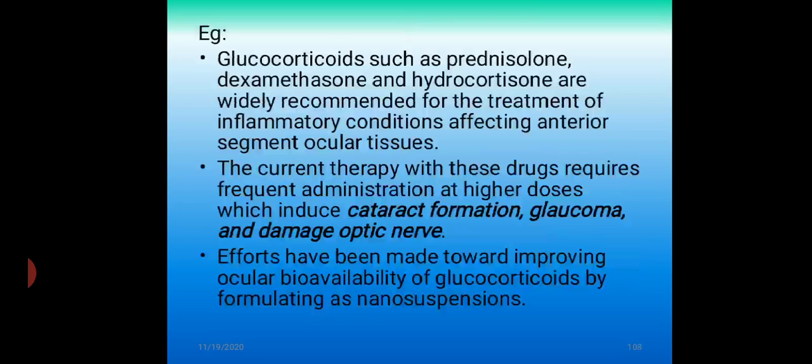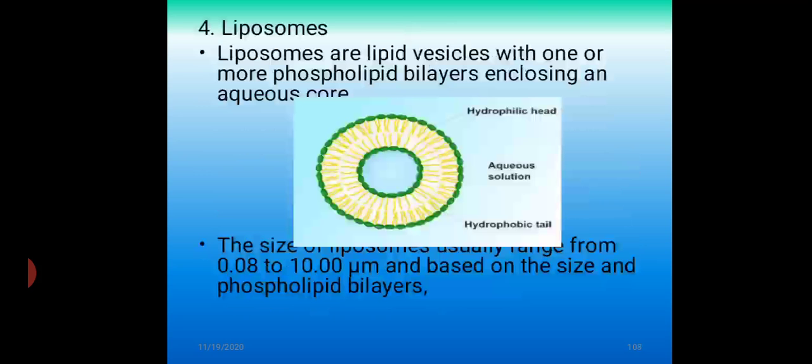That small volume will help in treating the inflammatory conditions, and since it is only a small amount of drug, there is no chance of cataract or glaucoma formation, and it never damages the optic nerve. So this type of nano suspension can help in the delivery of glucocorticoids.